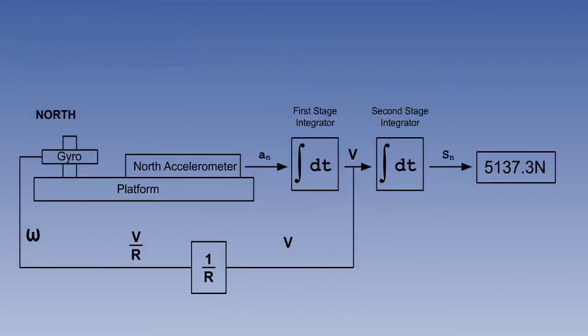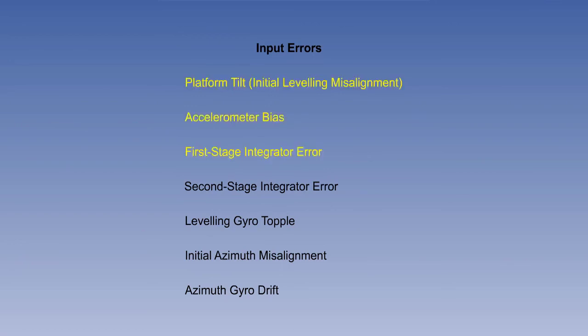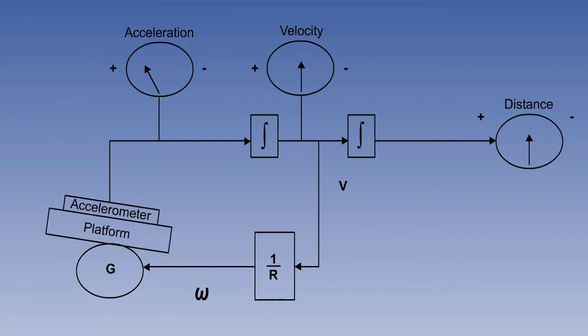Let's summarize this lesson. We reminded ourselves of the basic data flow diagram. Then we identified the sources of error. We looked at sources of error within the V over R loop. And we saw why Euler oscillations happen.